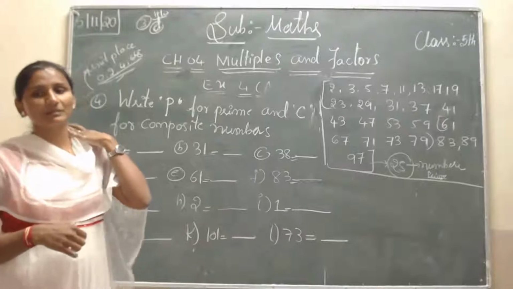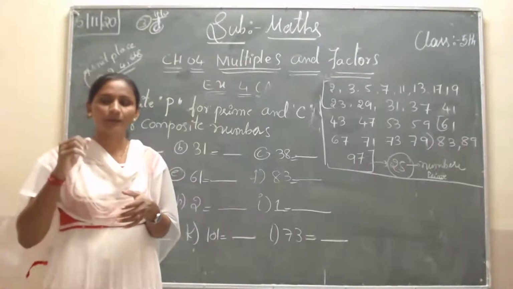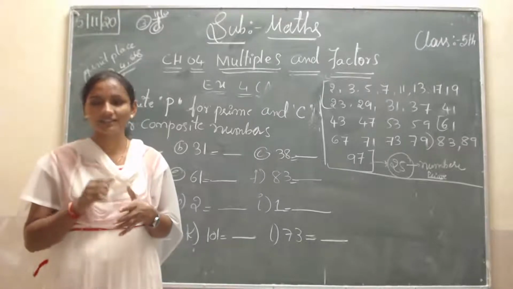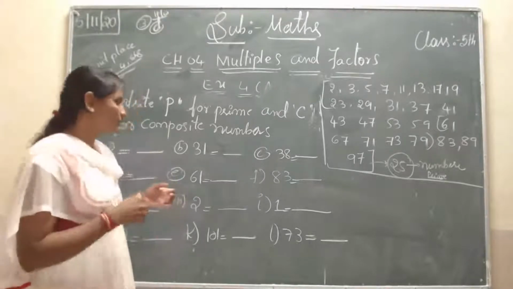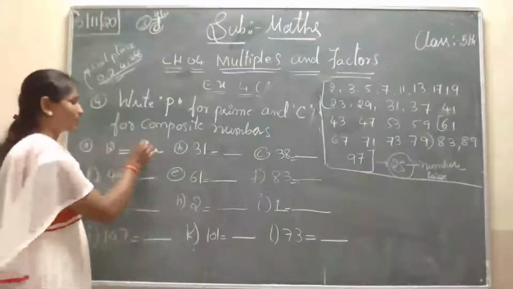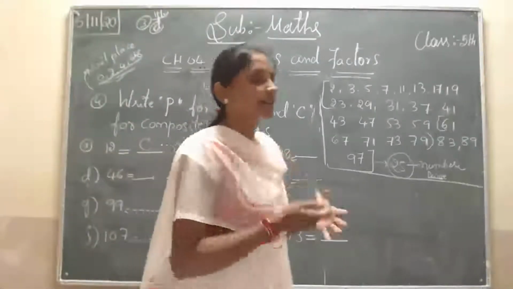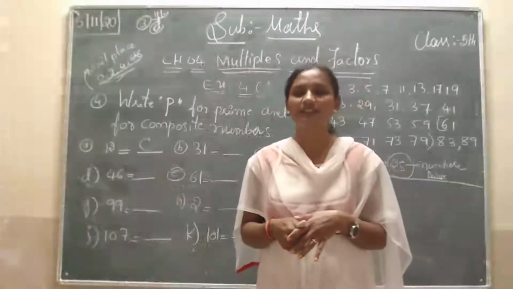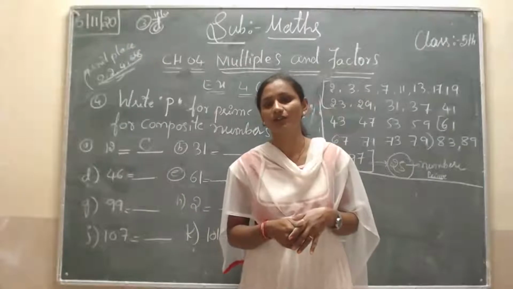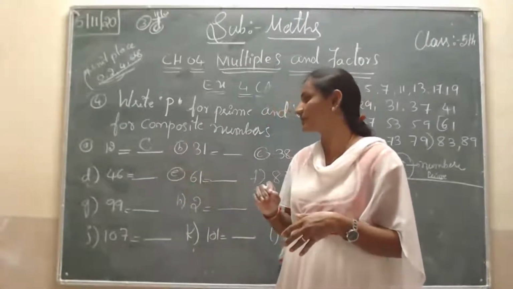Is 12 prime or composite? Prime means exactly two factors, itself and 1. 12 is not prime. This is a composite number, because 12 has three or more factors.